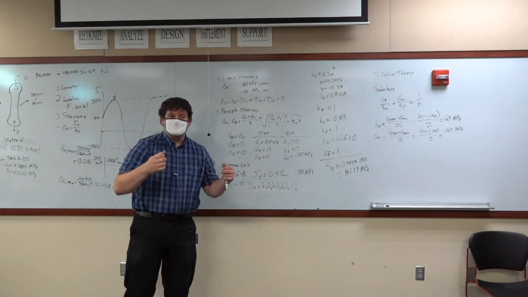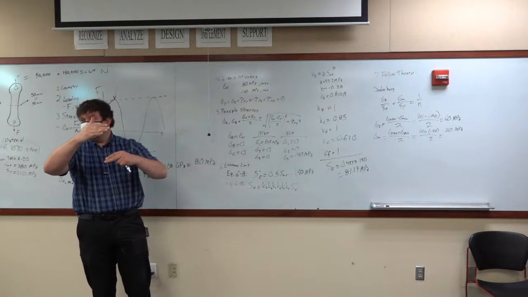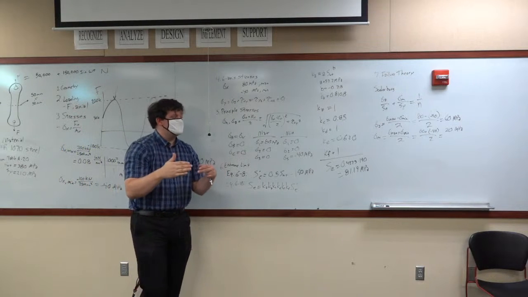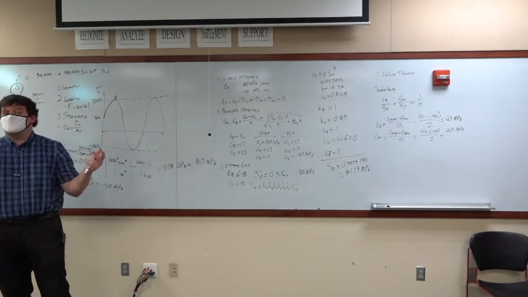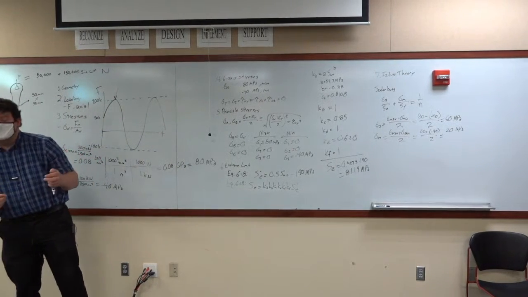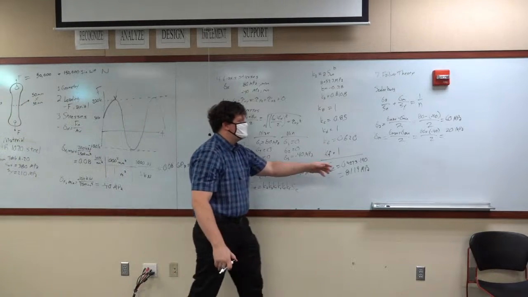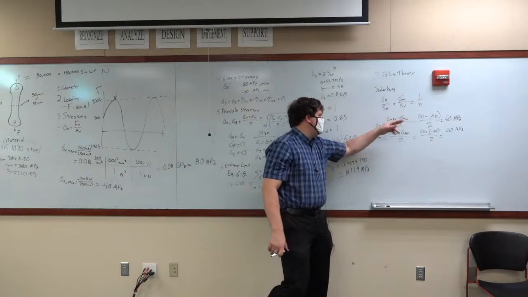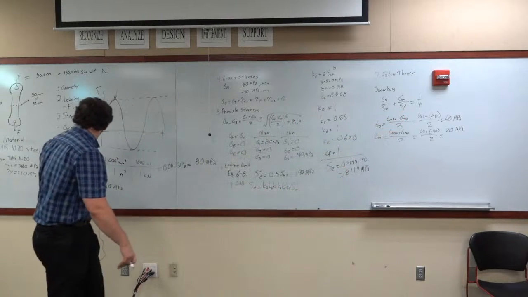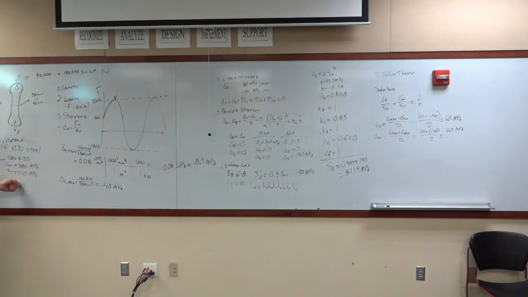If you're oscillating between 40 and 60 megapascals for your stress, your sigma a is 10 megapascals. So even though sigma m is 50 megapascals, you're looking at 50 over SY, 50 over 210, you're still going to have a safety factor somewhere around 4.